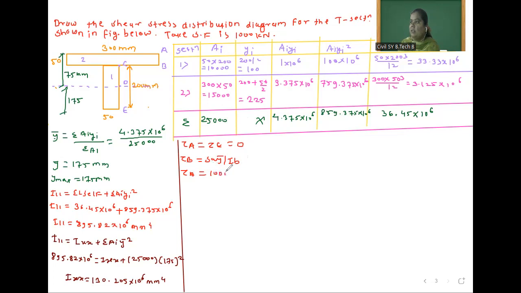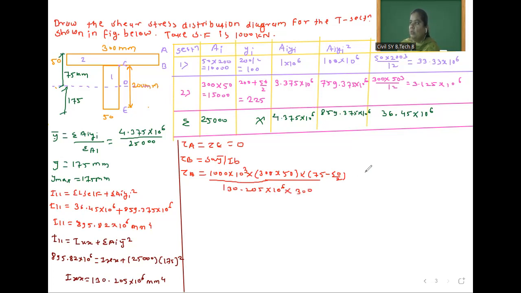So 1000 into 10 to the power 3 into area. Area is 300 by 50 into y bar. So you observe here, this is 75. Okay, so 75 minus 50 by 2, then divided by moment of inertia, which is 130.205 into 10 to the power 6 into width 300.